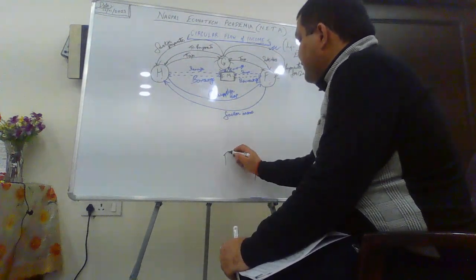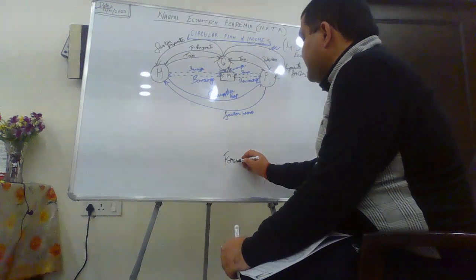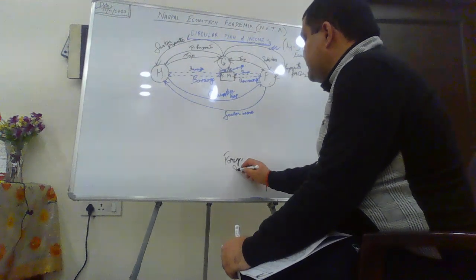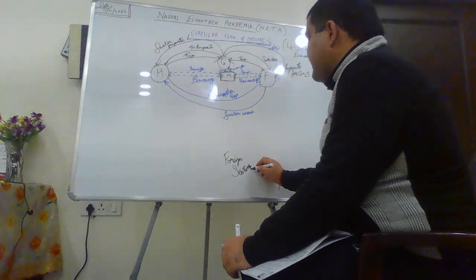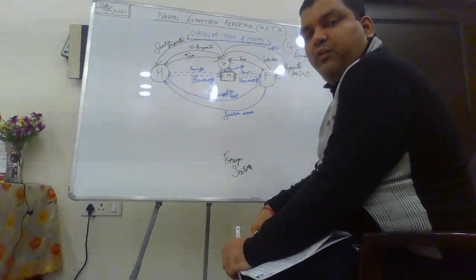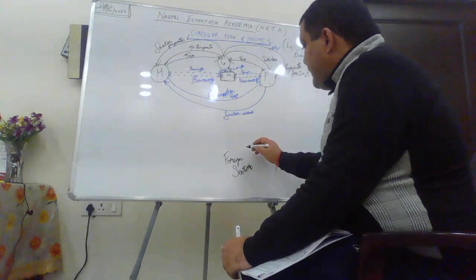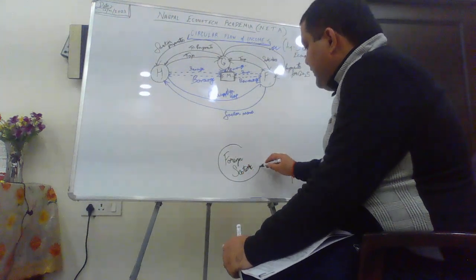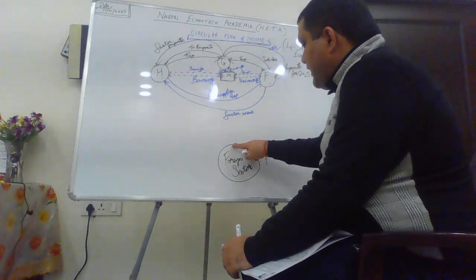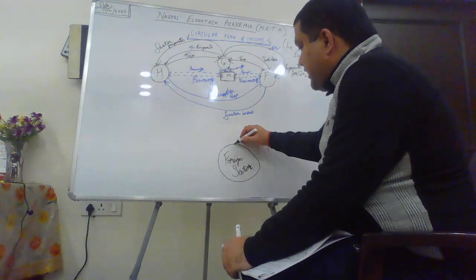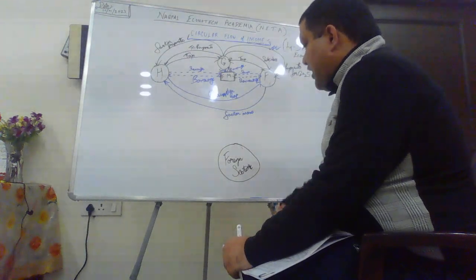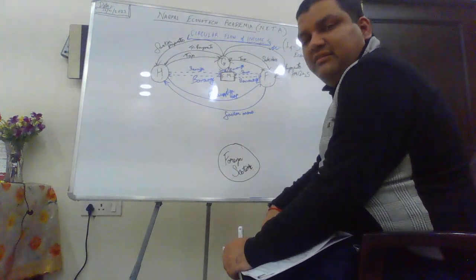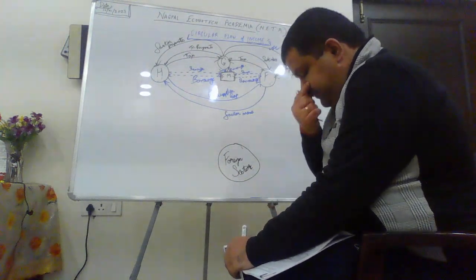We introduce the foreign sector, which is the actual scenario in today's global world. Our economy is an open economy, and I think most of the economies across the globe, 99.9% of economies, are actually globalized or open economies.